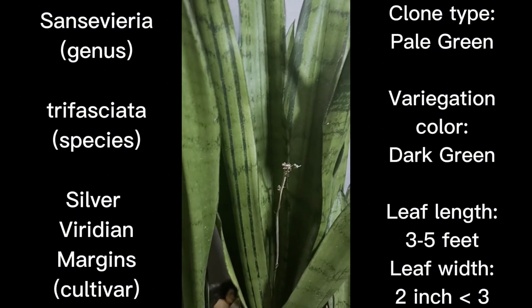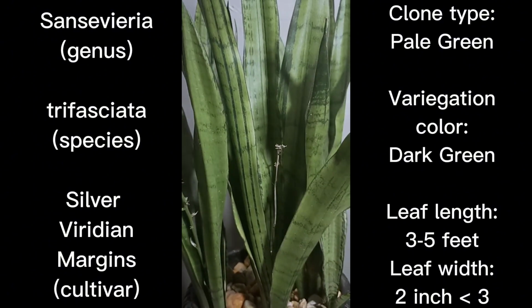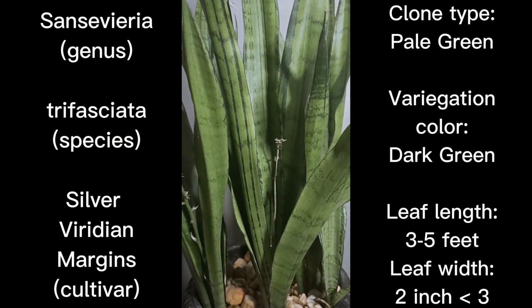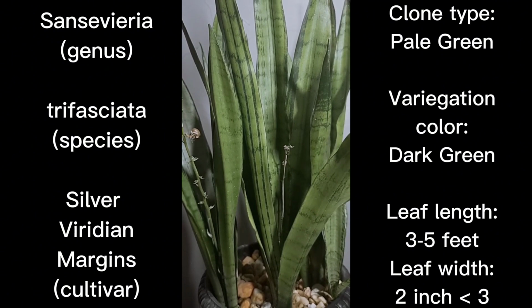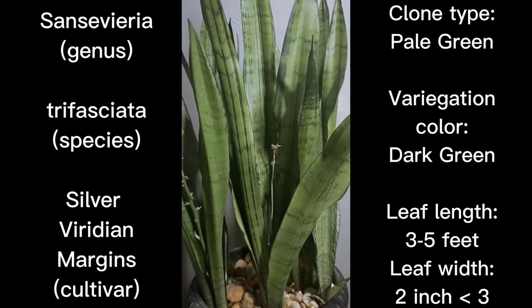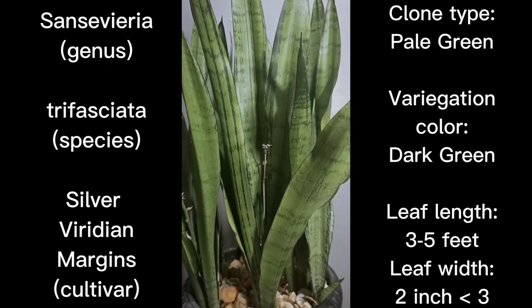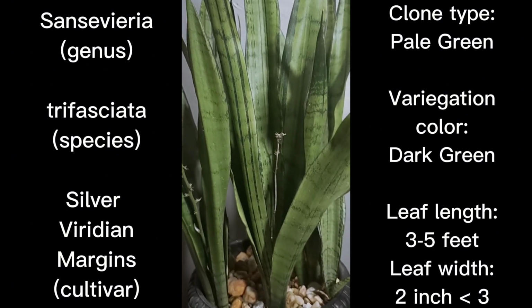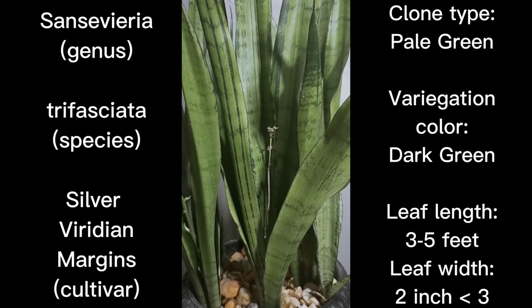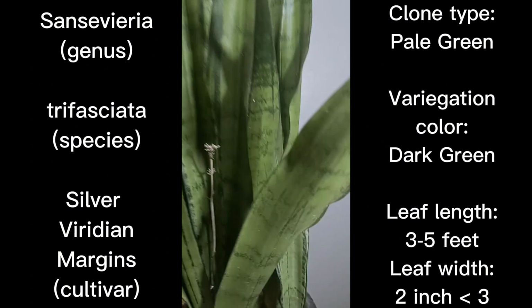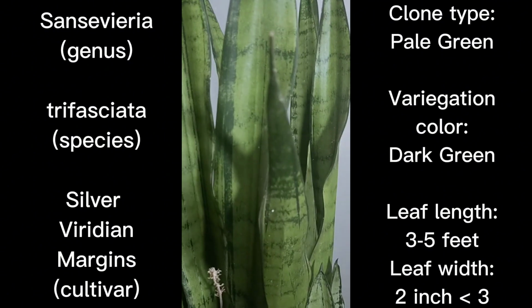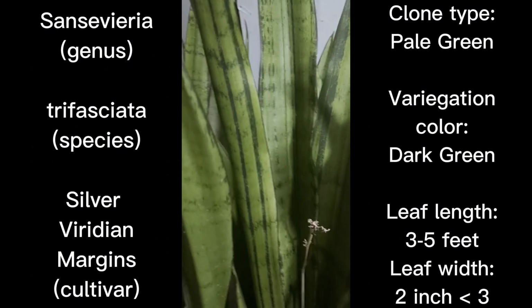This one I have named trifasciata silver because it came from the pale green clones of Sansevierias. So I named it trifasciata silver Viridian Margins. Viridian means green, and the margins on it are this one. Therefore, I have called it Viridian Margins.